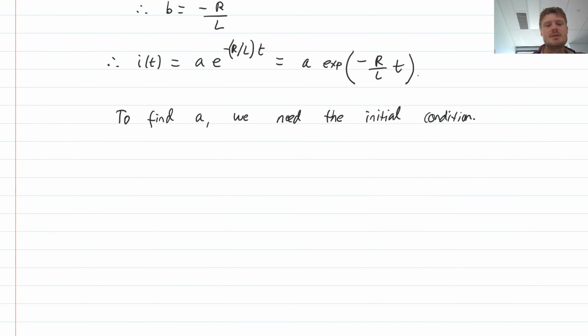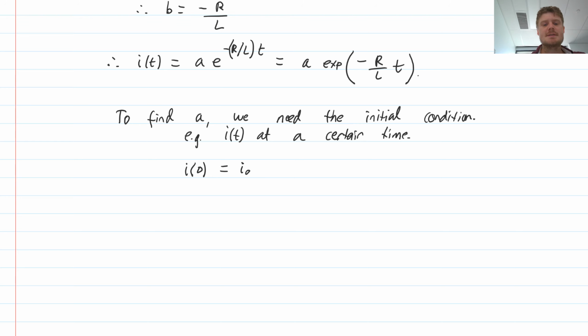That will usually be in the form of the current I of t at a particular time. In the last video when we analyzed the circuit, we concluded that we knew the value of the current at t equals 0, and that was some constant I naught that came from the power supply in our circuit.